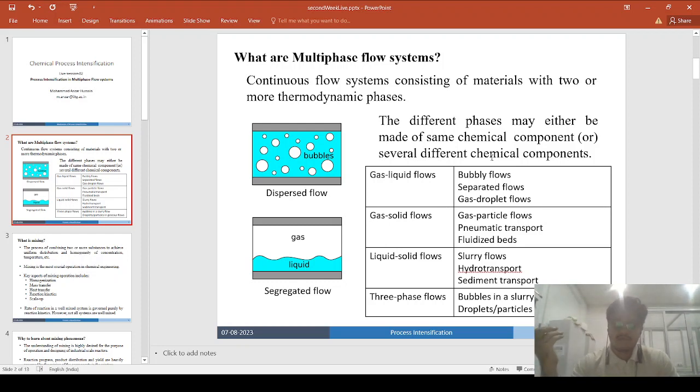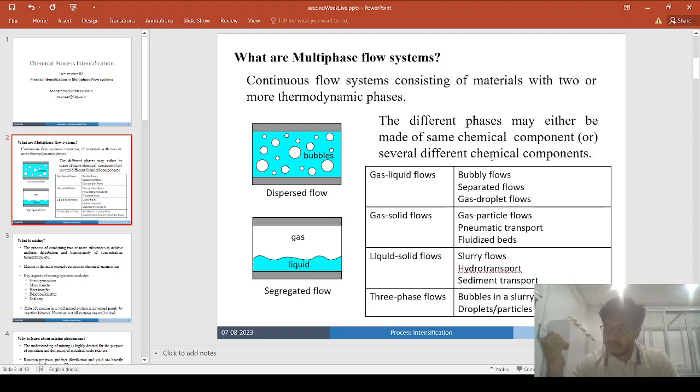So that is what it meant to say: two or more thermodynamic phases, and those different thermodynamic phases may either be made up of the same chemical component or several different chemical components.